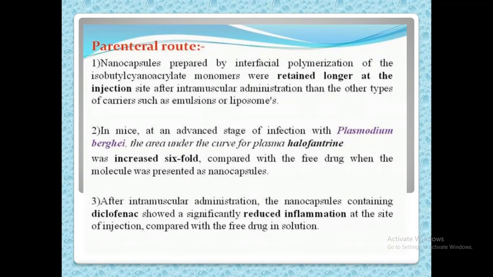In mice at an advanced stage of infection with Plasmodium berghei, the area under the curve for plasma halofantrine was increased 6-fold, that is 6 times, compared with the free drug when the molecule was presented as nanocapsules. So when the molecule is presented along with the nanocapsule, it gives a very good effect. Without a nanocapsule, it is not giving that much effect.